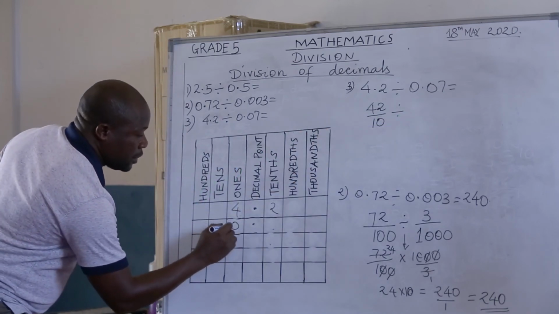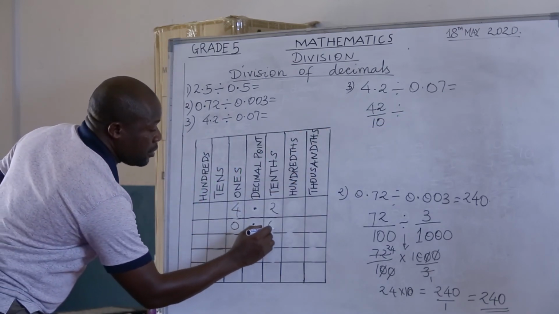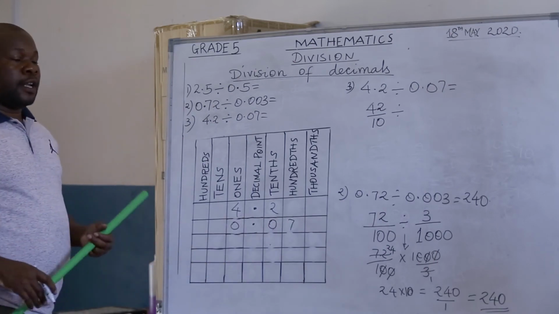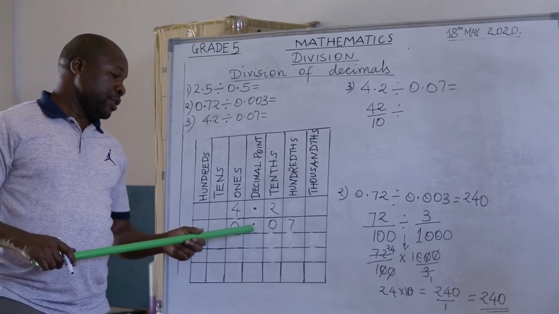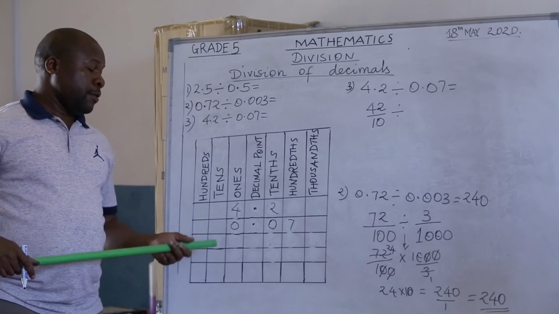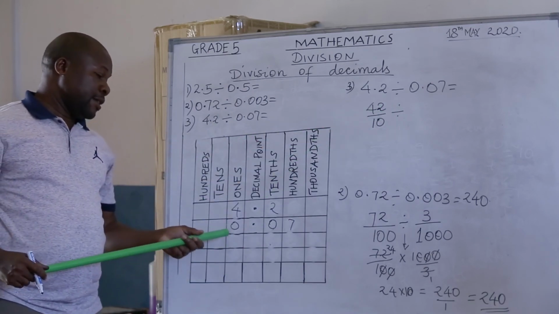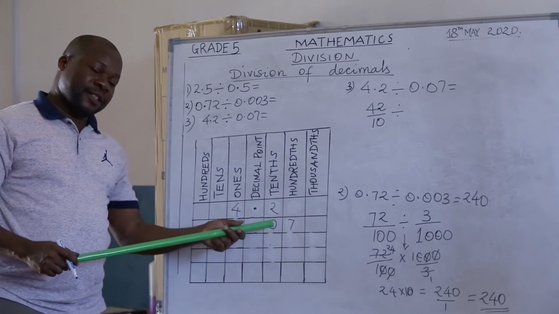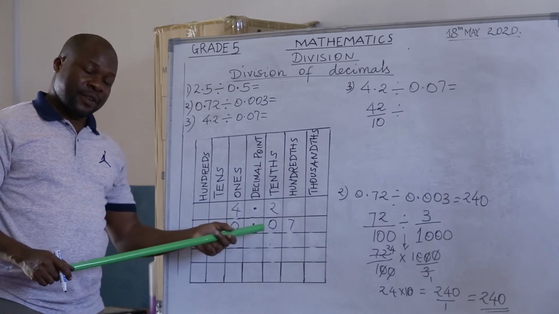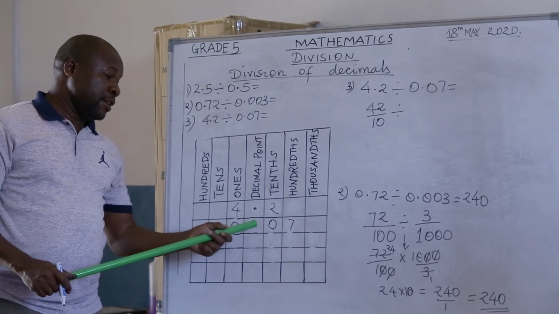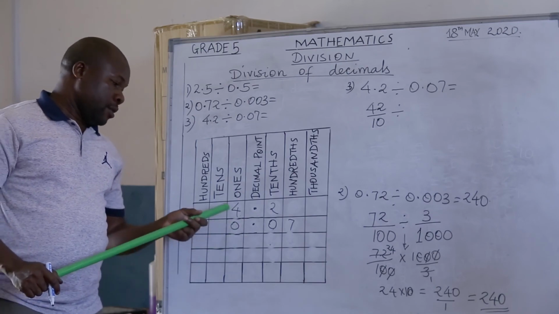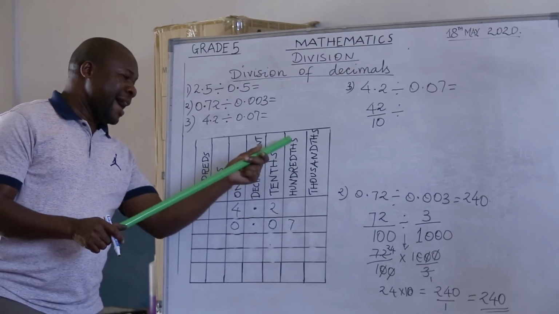Therefore we have 0, decimal point, 0 and 7. Let us read it together. 0.07, or the other alternative way of writing it as a fraction, is to read it as 7 hundredths.